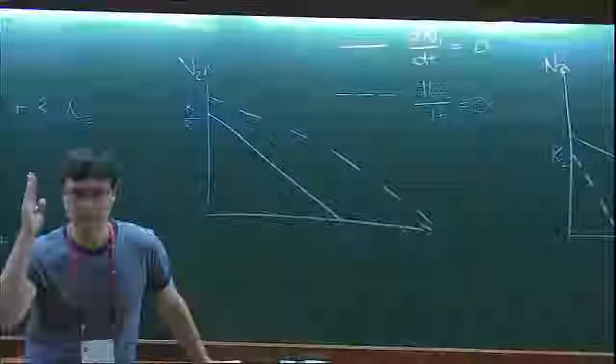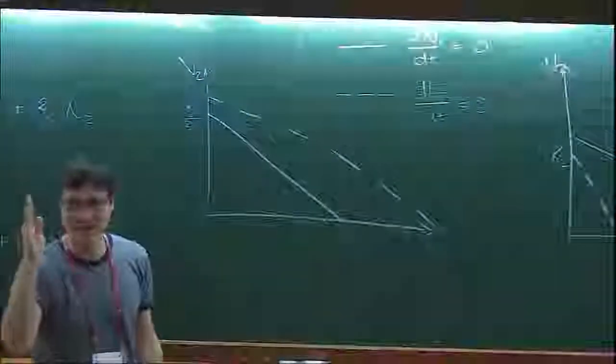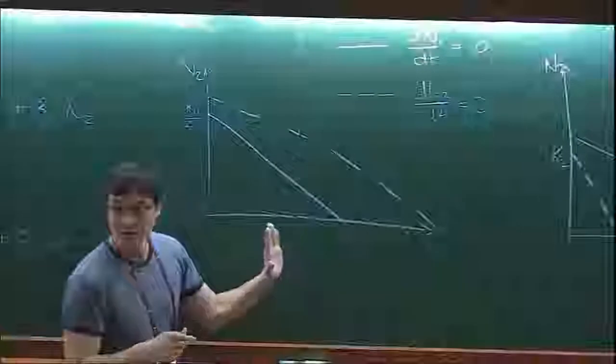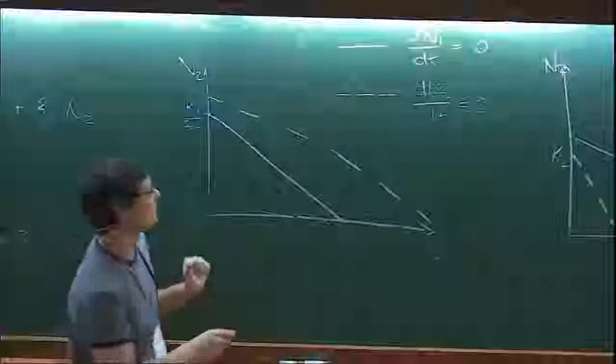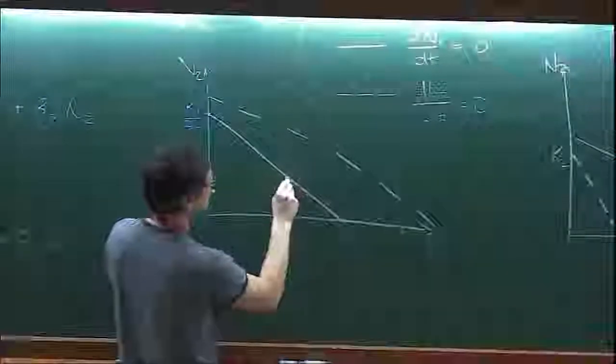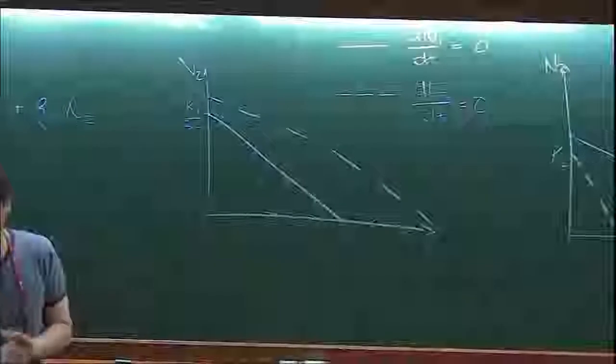So what does that mean about the trajectory? It's actually confusing, but in this case, it means it's vertical. Because here's N1. If N1's not changing, that means that you have vertical lines. So there are going to be a bunch of possible trajectories crossing that line, but they're all vertical.